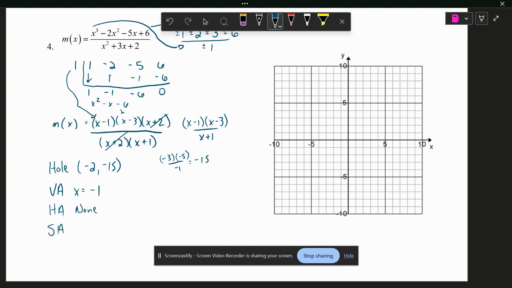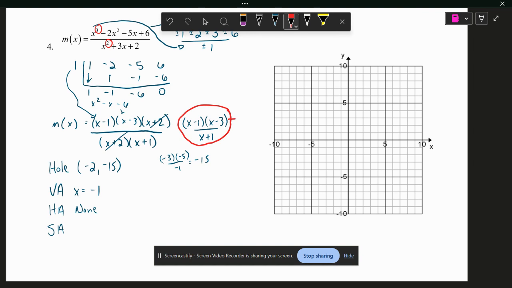There should be a slant asymptote if you look at the degree. Okay, I'm going to do this in red. The degree of the highest on top is bigger than the degree of the highest on the bottom. So it's big over small. When I go to do this, I could use long division and all that kind of stuff, but it might be a little bit of a pain. I can just use the simplified version.